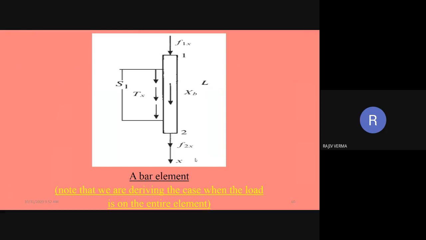But there is no element which has loading restricted to a certain area in the element. The loading is going to be present in the entire domain of the element. So this is one of the constraints which we are going to follow for the development of the governing equation.